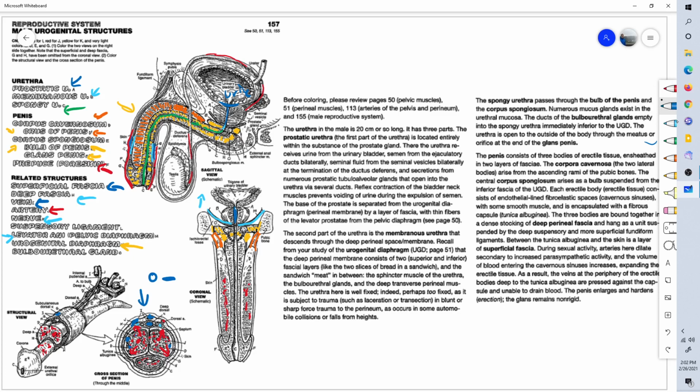Then passing through the membranous urethra, these two membranes, passing through the levator ani, the pelvic diaphragm, and the urogenital diaphragm, we rename it the spongy urethra, passing through the corpus spongiosum.